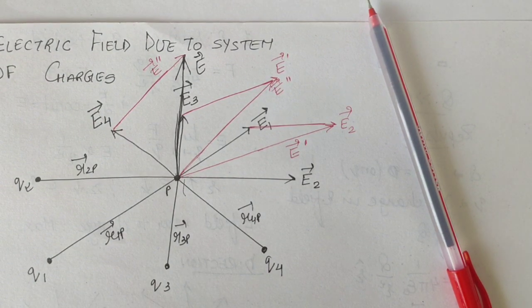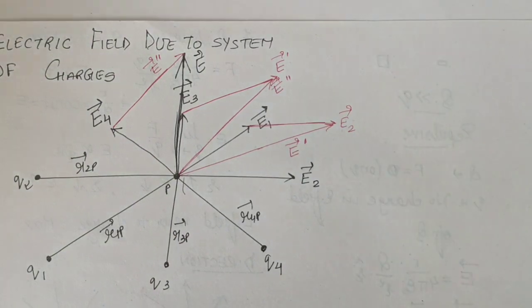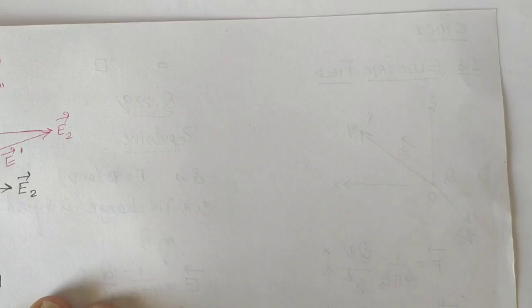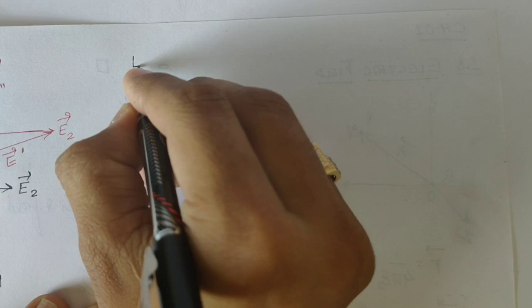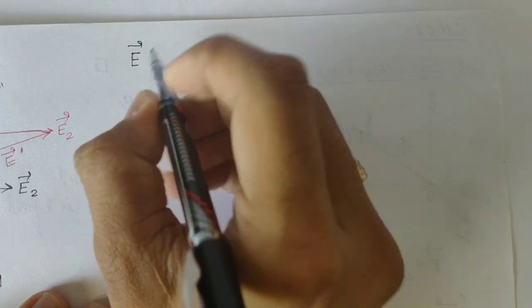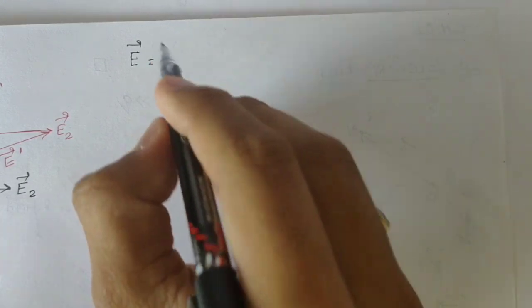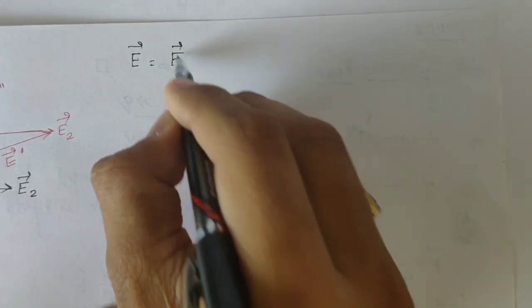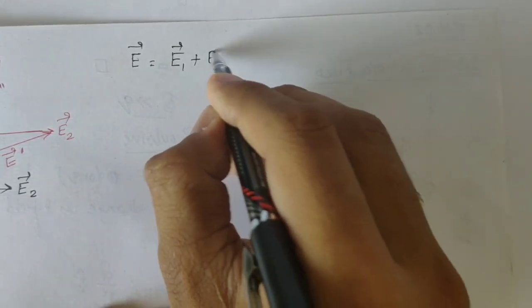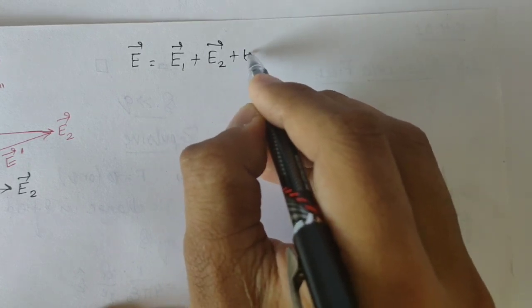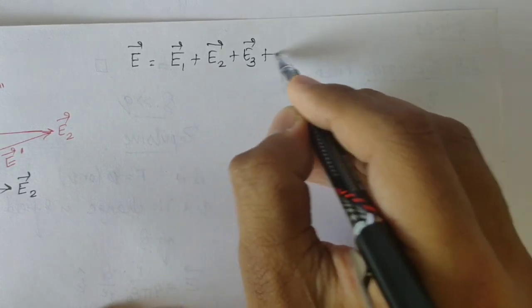Let's start some equations. The resultant electric field E is the vector sum of E1, E2, E3 and E4.